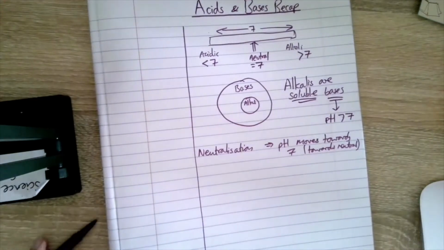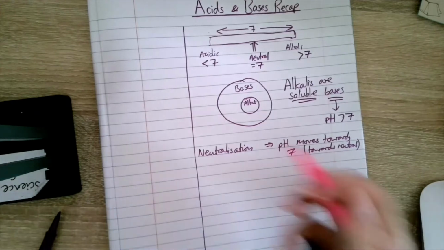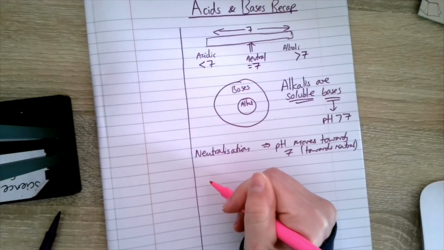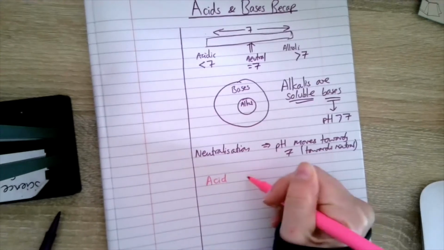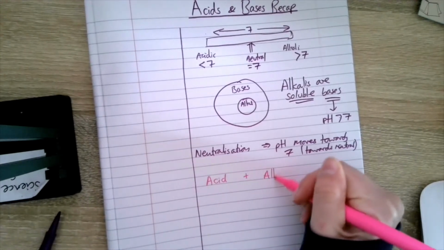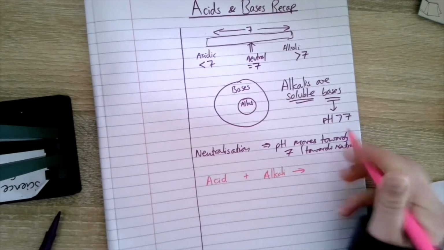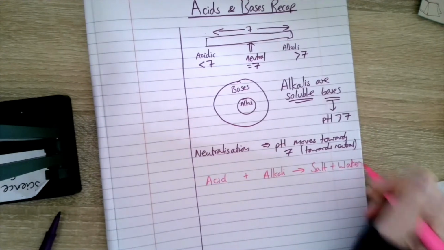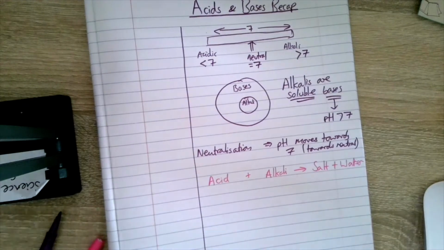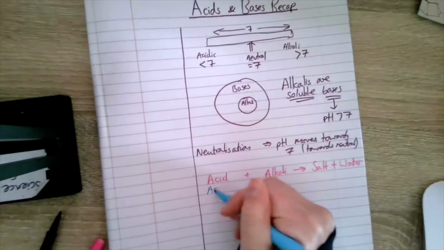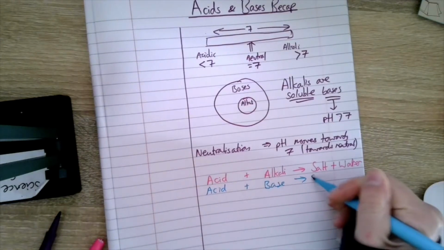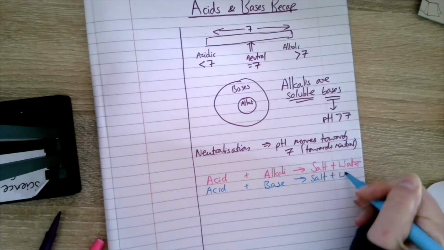And so in both cases we end up forming products that should be neutral. So acid plus alkali goes to salt plus water, and acid plus base goes to salt plus water.